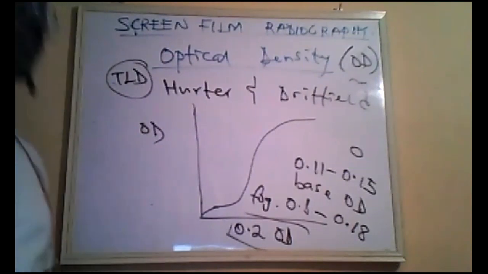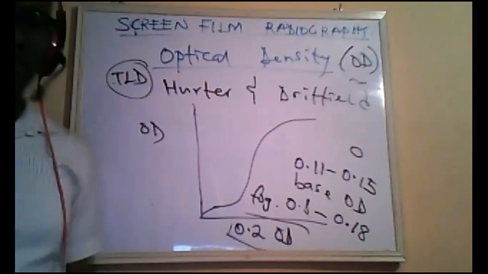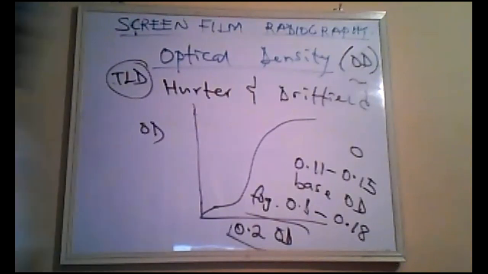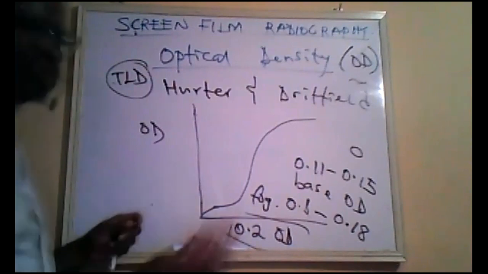If they do it outside, it is going to render the whole process useless, because light rays will just expose that film uniformly. It doesn't have a uniform type of gray.